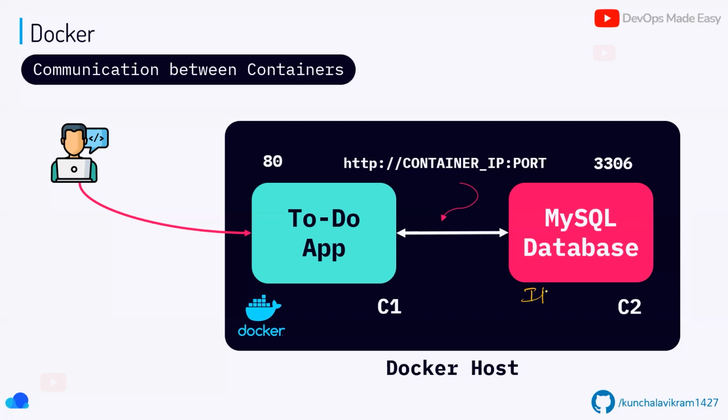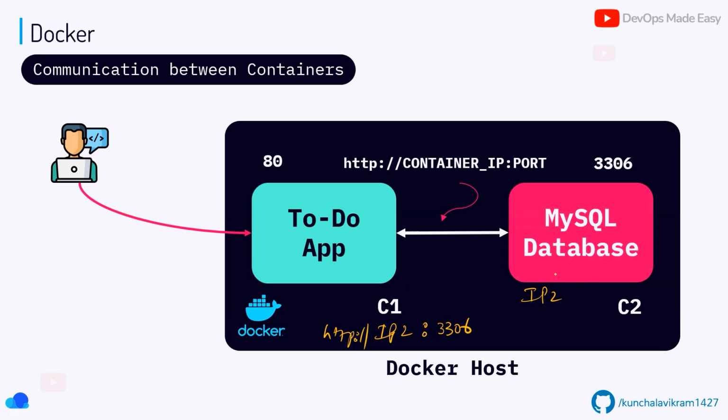Let's assume this is IP2. I'll configure my to-do app to use, just assuming this as the URL, IP2 colon 3306 to connect to this database. Correct?